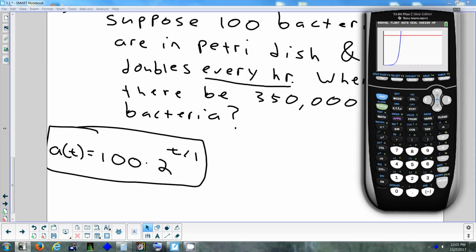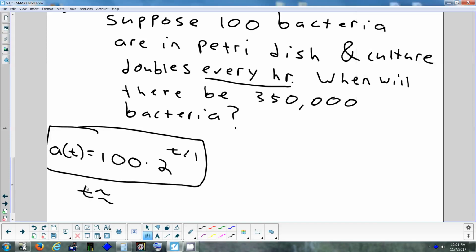Very quickly, it's going to hit 350,000. The intersection point is 11.8 hours. So in about 11.8 hours, you started with 100 bacteria, you'll be at 350,000.